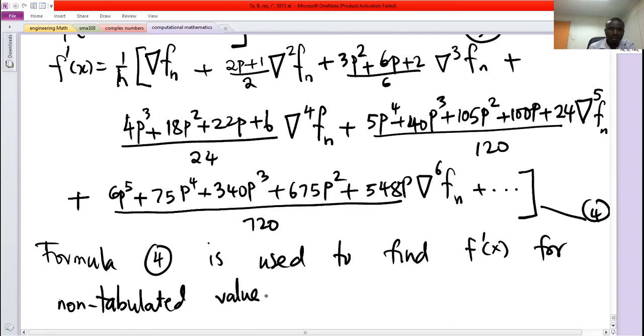Non-tabulated here has the same interpretation as what we gave in the previous explanation when you are doing the Newton forward formula. Non-tabulated values of x.